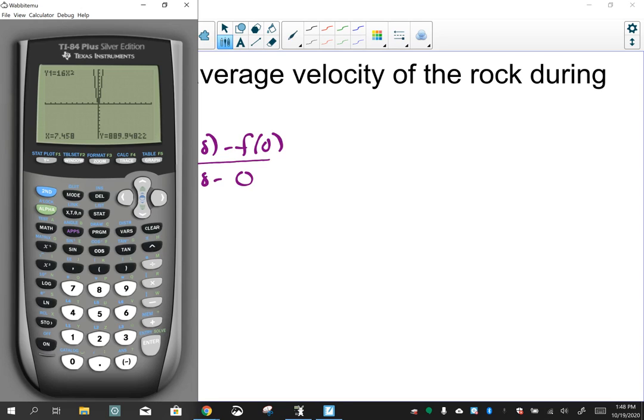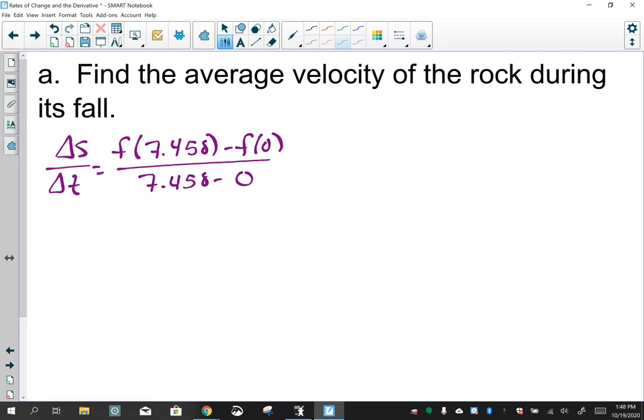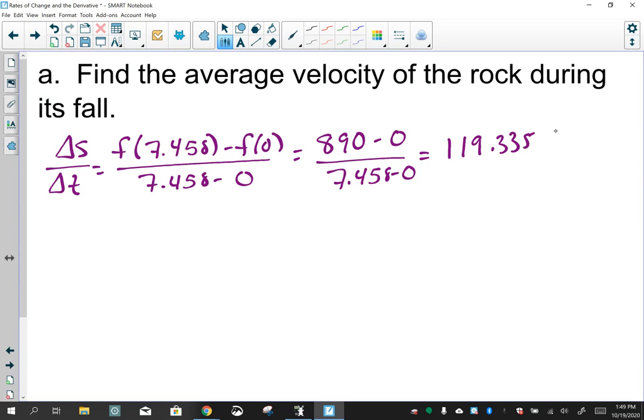That gives me 890, as it said in the actual problem. F of 0 is actually 0, and then minus 7.458 minus 0. When I plug that into the calculator, I get somewhere around 119.335 feet per second.